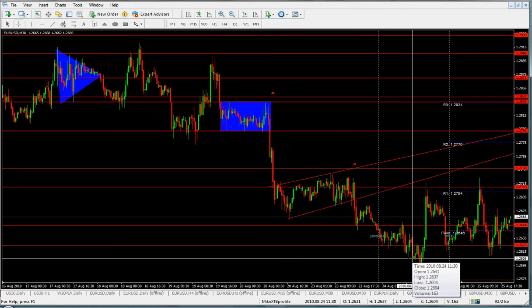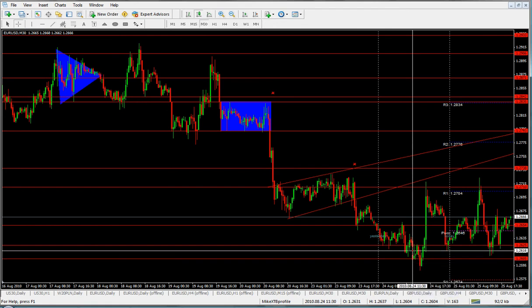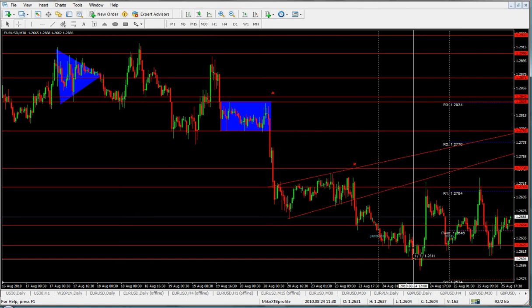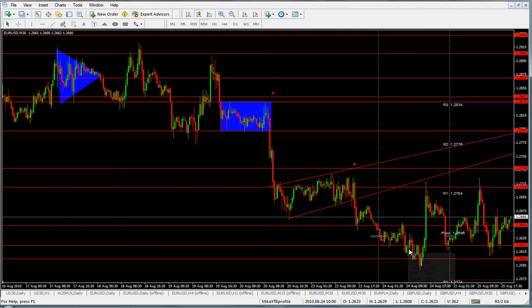So don't be naive and set your limit, take the profits at least a few or 10 points above this level, because if something goes wrong, the price is going to go here, not meet this level, and turn the opposite way.